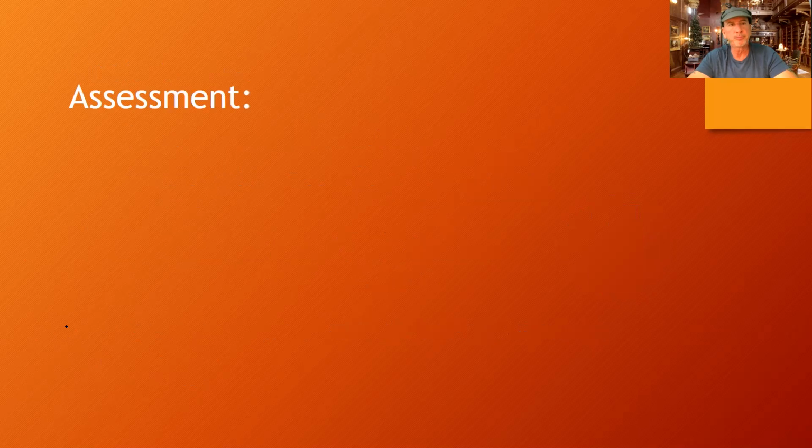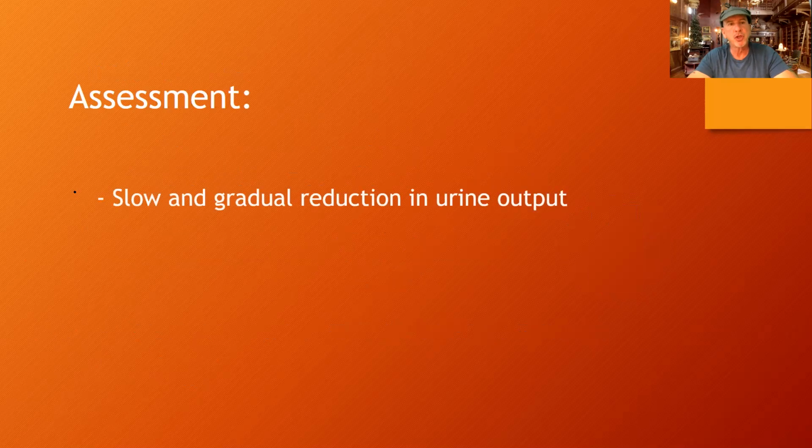Assessment. Slow and gradual reduction in urine output. When the prostate begins to swell, it does it very, very slowly. The men may not be able to void as much, but they might be voiding more often because it's harder to get the urine out.